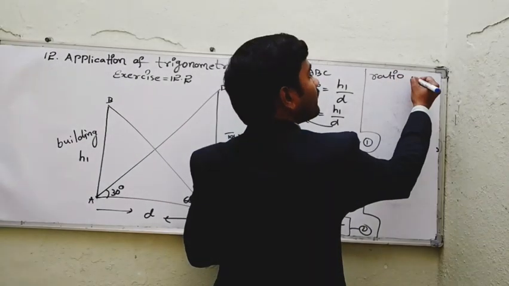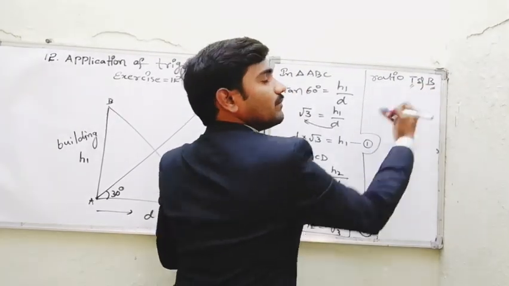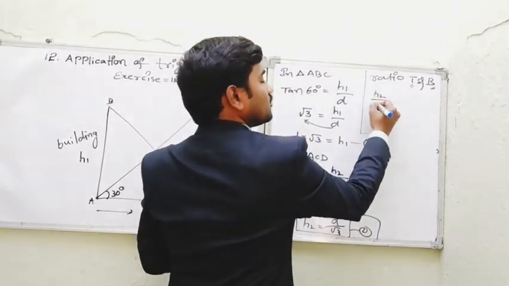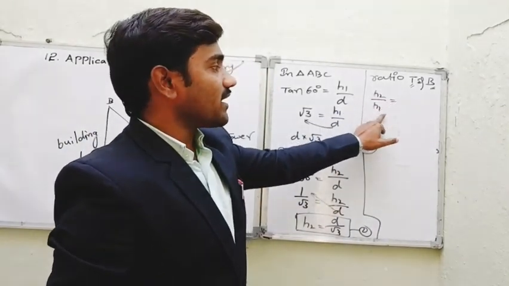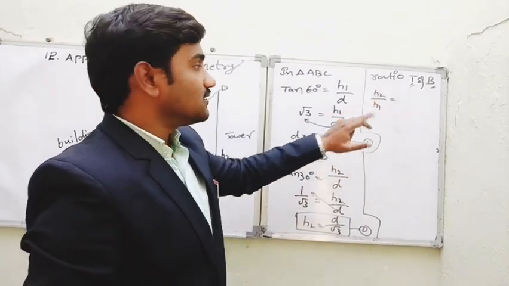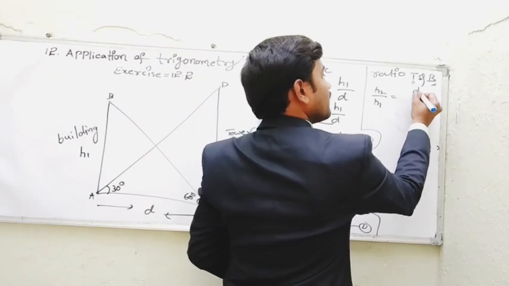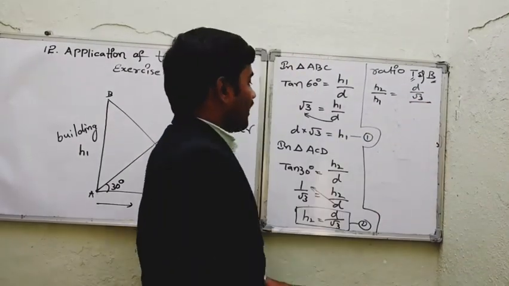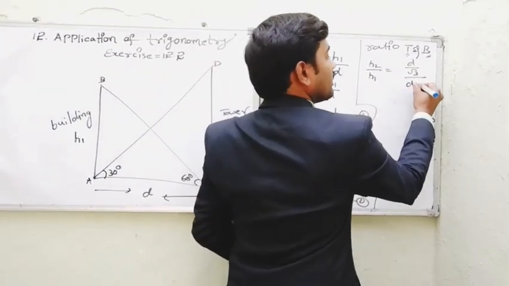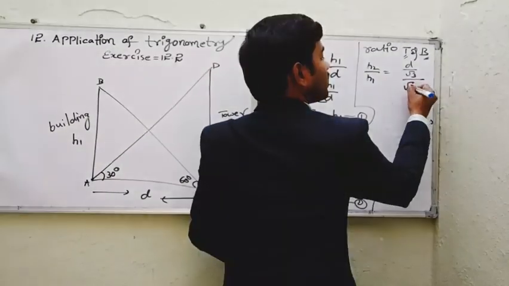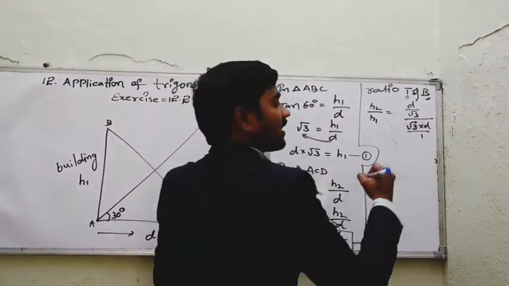The ratio of tower to building is H2 by H1, because height of the tower by height of the building. So height of the tower H2 is D by root 3, by H1 value, which is root 3 into D.